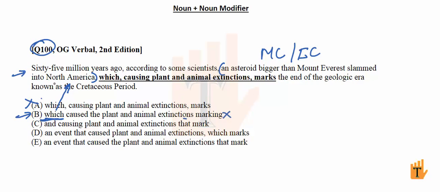C says North America and causing plant and animal extinctions that mark the end. So it is using and. And is a conjunction, and a conjunction is mostly used to connect two similar things. On the right side, this is a present participle introduced modifier. Causing is a present participle.